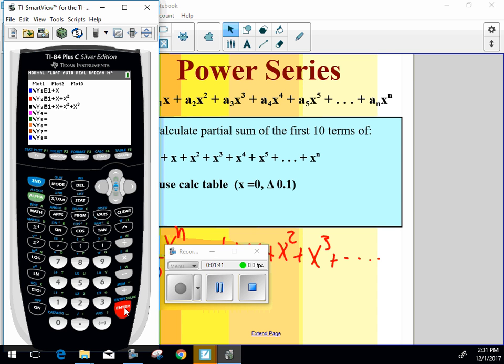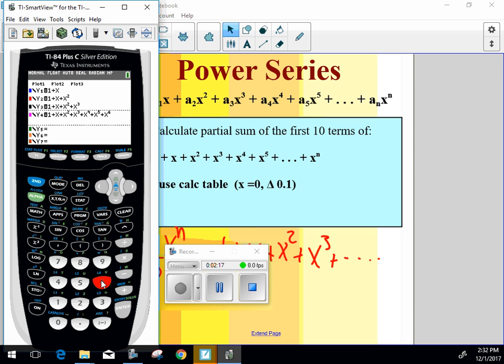And then I'm going to do one more: 1 plus x squared plus x cubed plus x fourth plus x to the fifth plus x to the sixth.